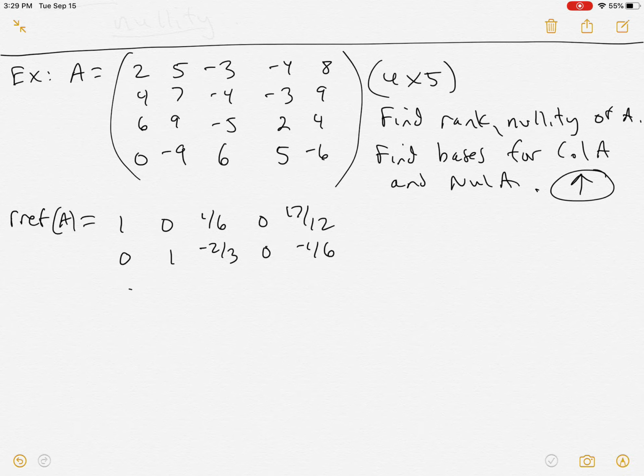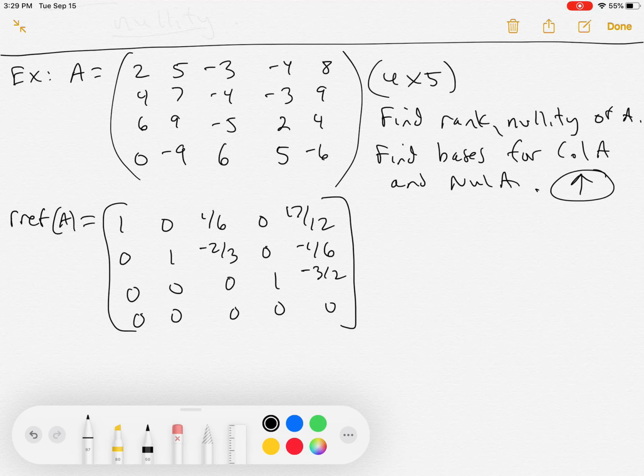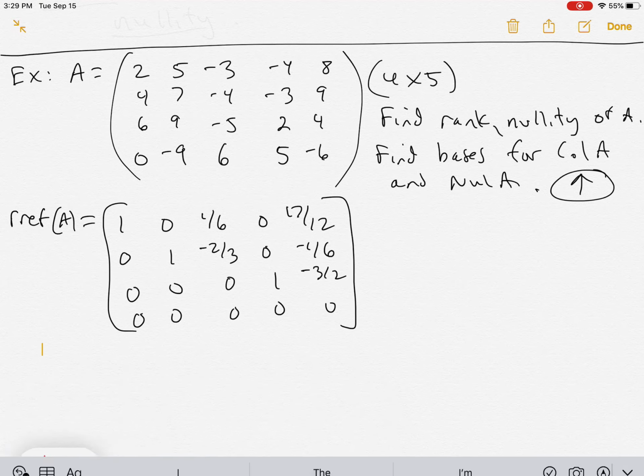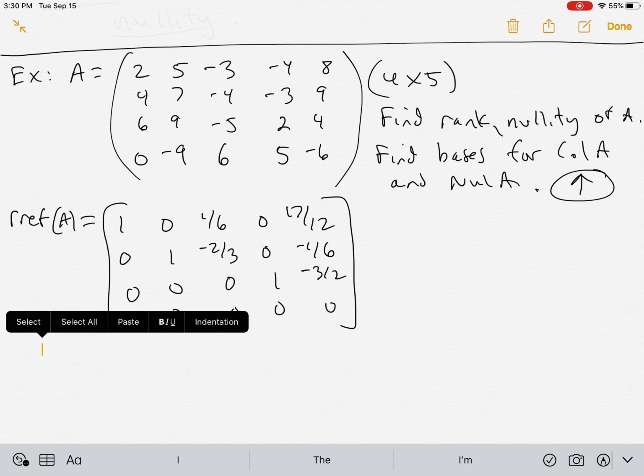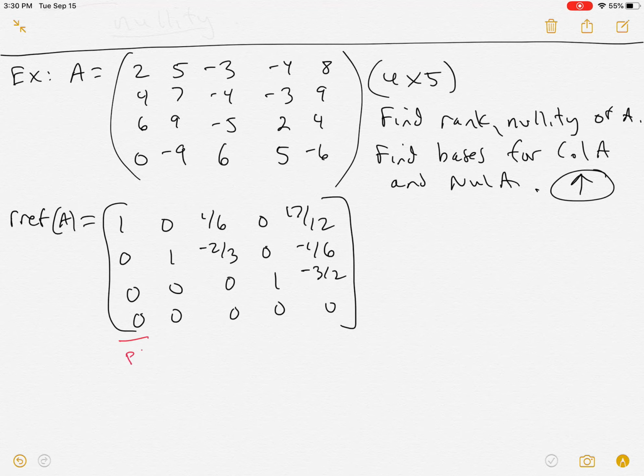The third row is 0, 0, 0, 1, -3/2, and the last row is a row of zeros. All right, so I got this from my solver, and we see straight away that there's a pivot column.